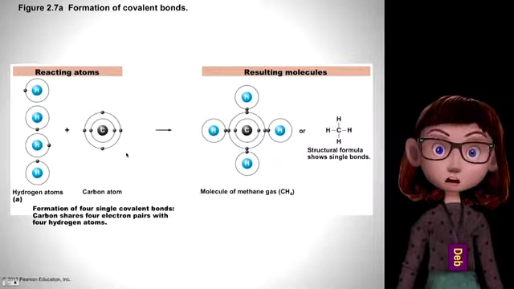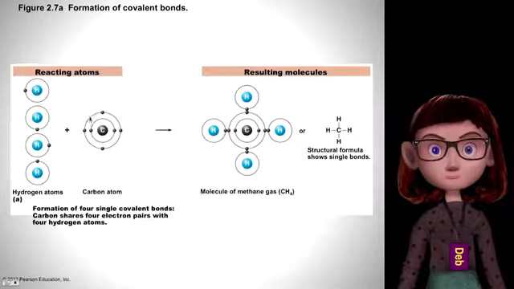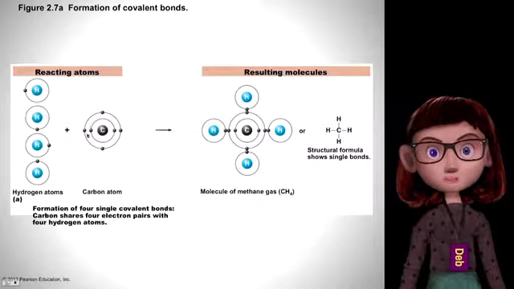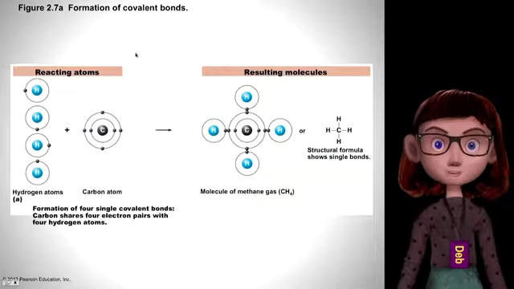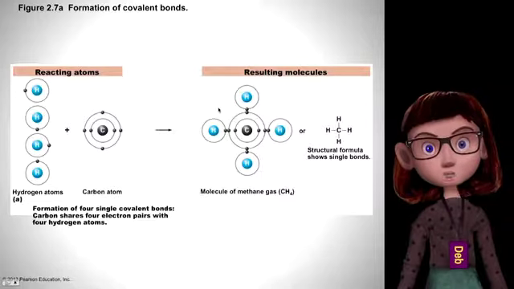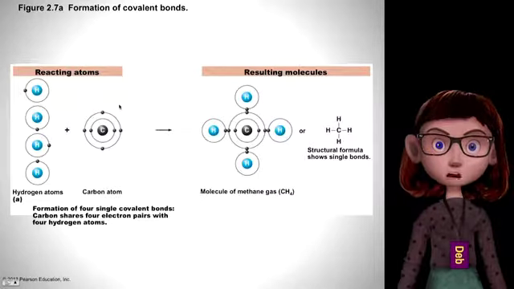2.7a, this is showing you a carbon atom, and remember it likes to make four covalent bonds in order to complete its valence shell, because each atom involved with the covalent bond will be able to count each of the electrons that are shared in order to fill their valence shell.